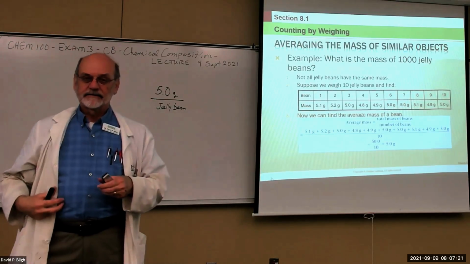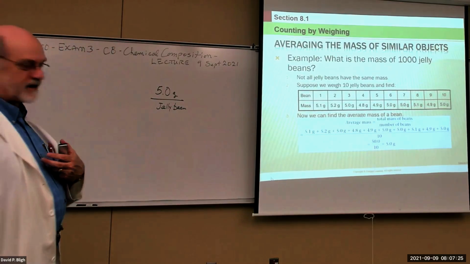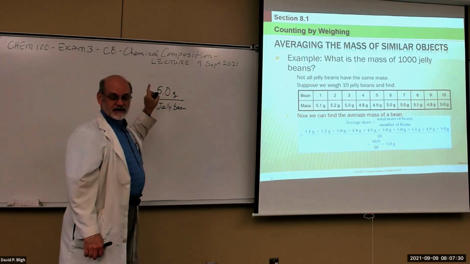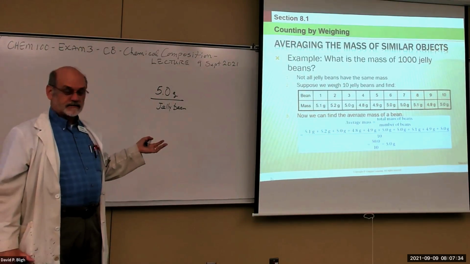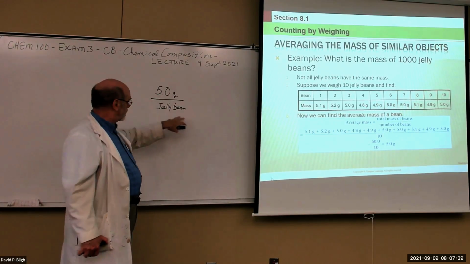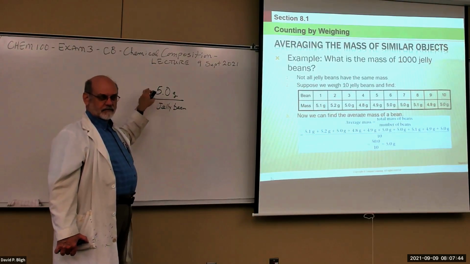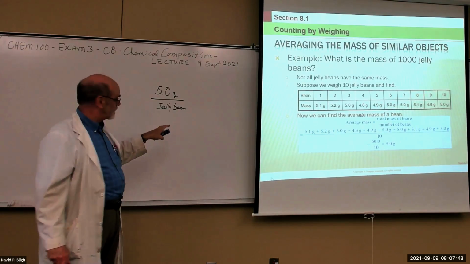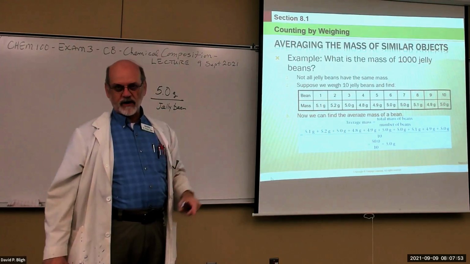If we write it this way, what does that look like? To me, it looks like a conversion factor, because we're saying that 1 jelly bean equals 5 grams. If you've got a conversion factor, then if you have one of these, you can find the other one. So if we have 1,000 jelly beans, we can find out how much they're supposed to weigh. But what we'd rather do is weigh the 1,000 jelly beans and use this conversion factor to determine how many of them there are.